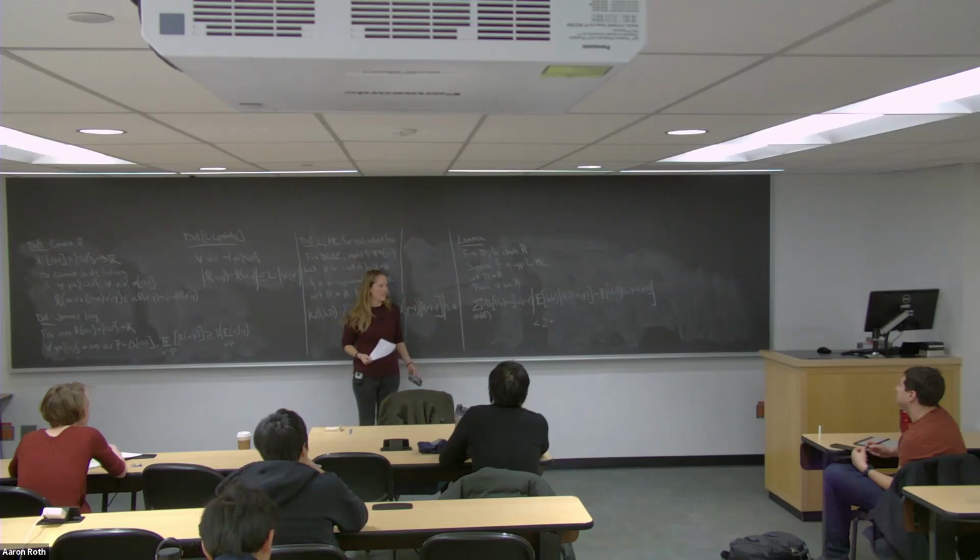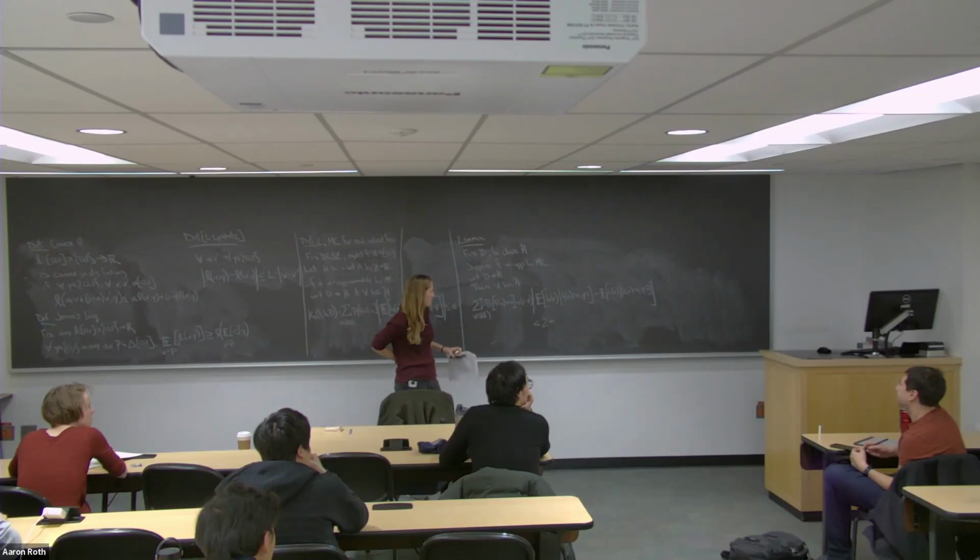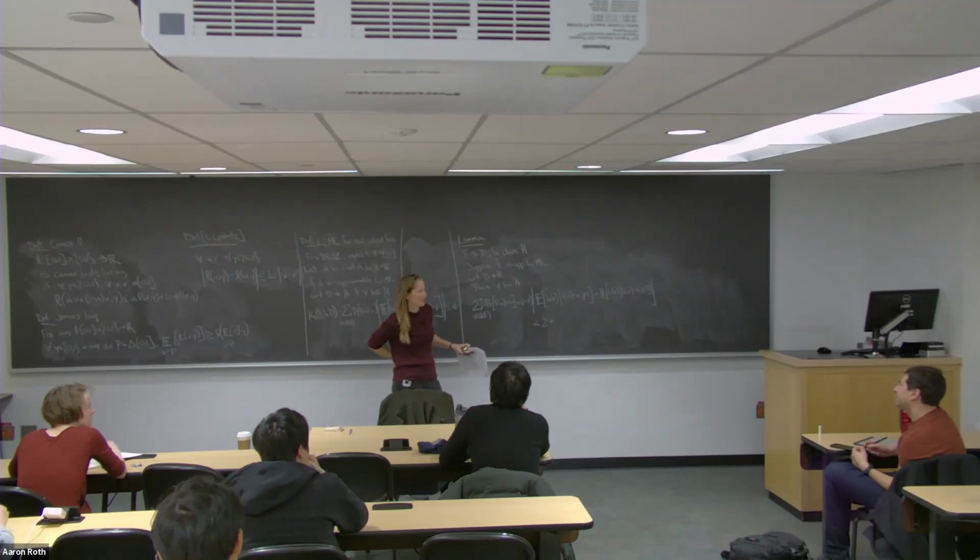Is the lemma still true if you get rid of that v times 1 minus v? I thought about it for a little bit, and there might be an alternative approach. It seems like maybe it ought to be. I was surprised when that popped out.